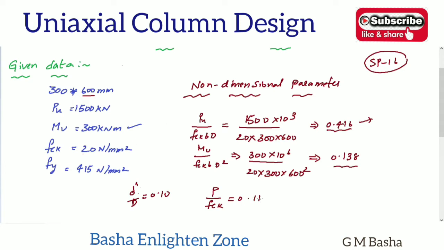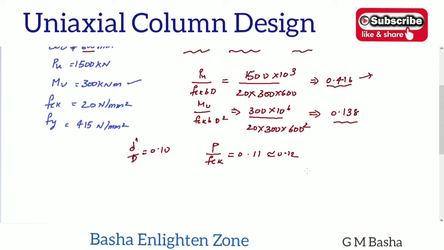Or else you can choose 0.12 also, no problem. If you take down any one value, for safety purpose you can take the higher value also. So if I want the P value, I am relating that one with 0.12 into FCK. What is FCK given? FCK is given as 20. So 0.12 into 20 is 2.4.